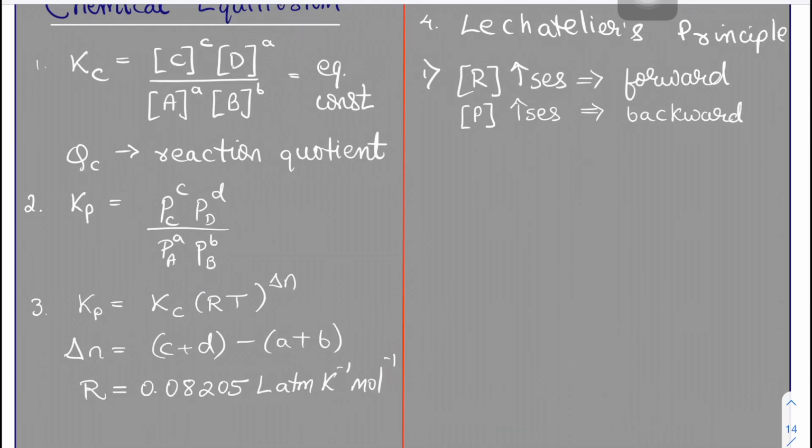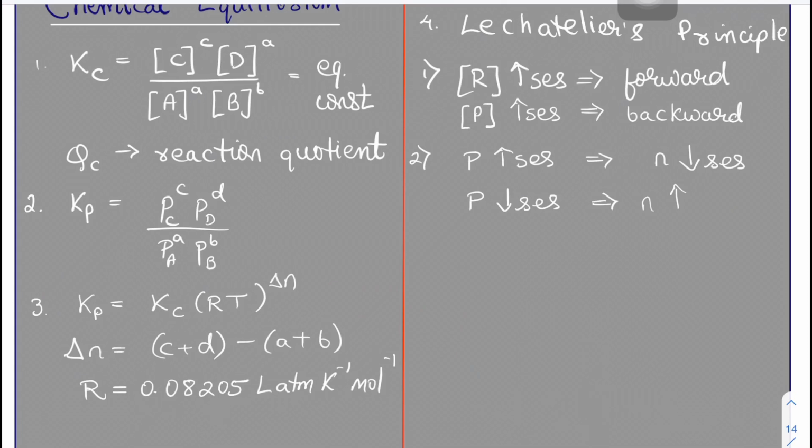Okay, not going into much detail. Second, if pressure increases, the reaction moves in the direction where the number of moles decreases. Similarly, if the pressure decreases, the reaction moves in the direction where the number of moles increases.